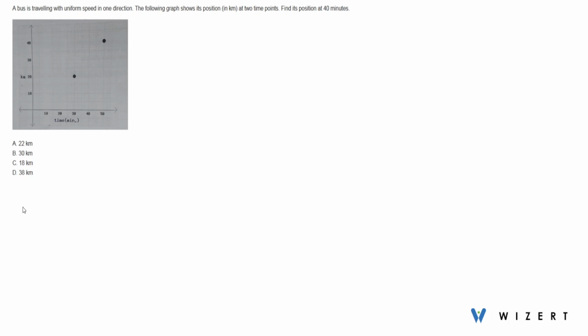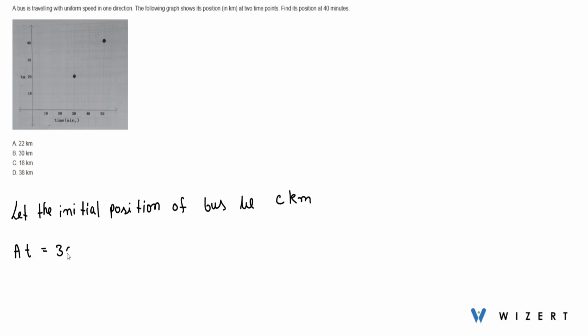So let the initial position of bus be c kilometer at t equals 30 minutes.